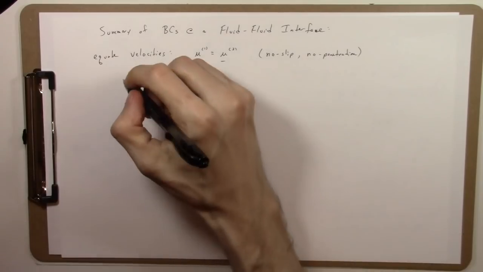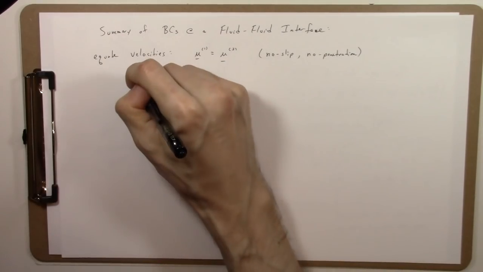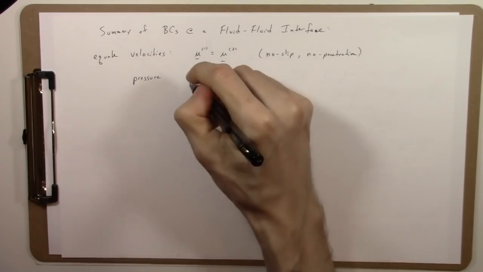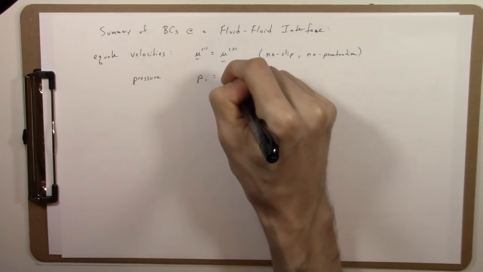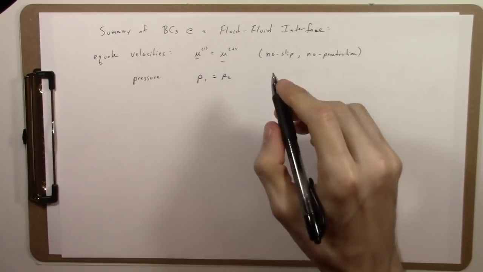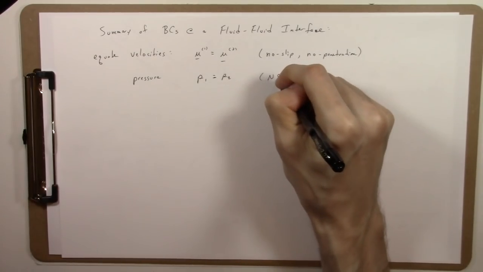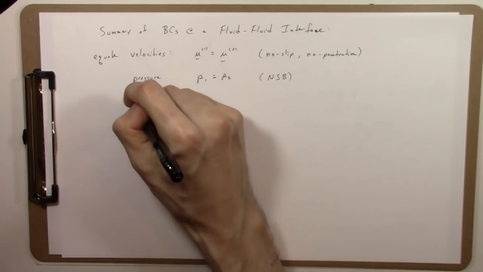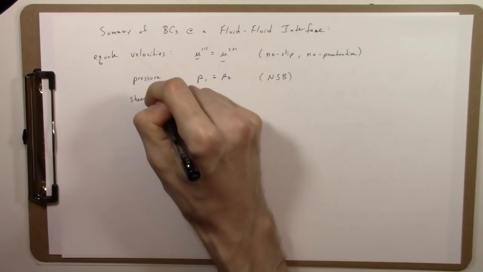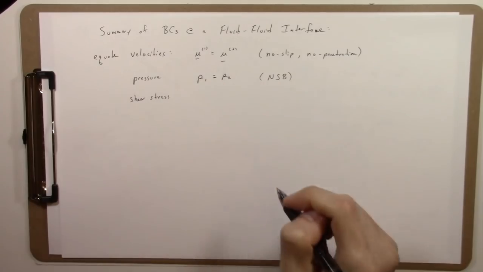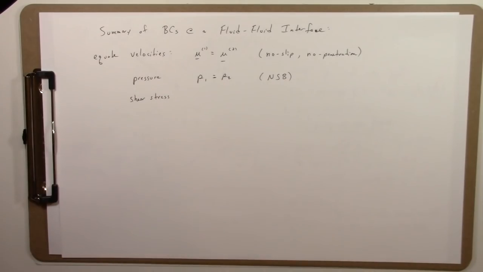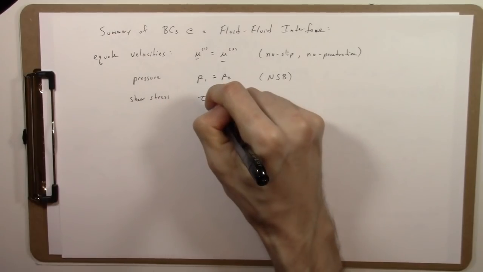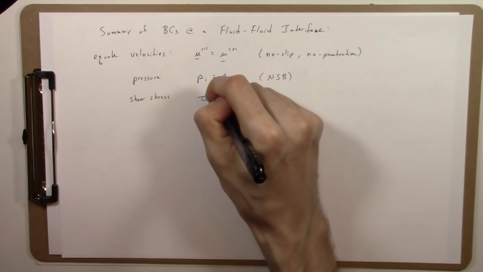We also equate at a fluid-fluid interface the pressure. So P1 is equal to P2. That's a result of the simplified normal stress balance. And then finally, we can equate the shear stress. And equating the pressure and shear stress at the interface is valid in the absence of interfacial tension effects, which we can assume unless we're told otherwise in this class.